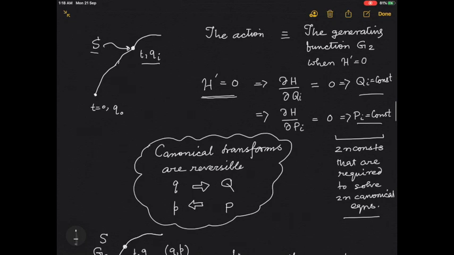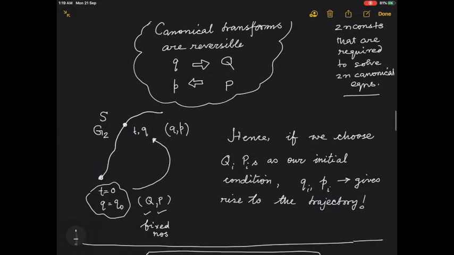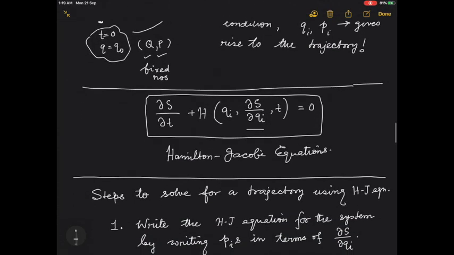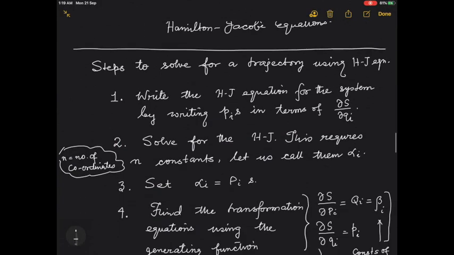So it turned out that if the final Hamiltonian is considered to be 0, I can choose some capital Q and capital P as my final coordinates, which are always fixed at the origin or at the initial conditions, and then the generating function generates the trajectory.